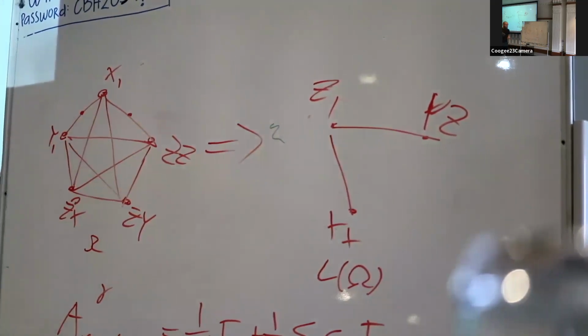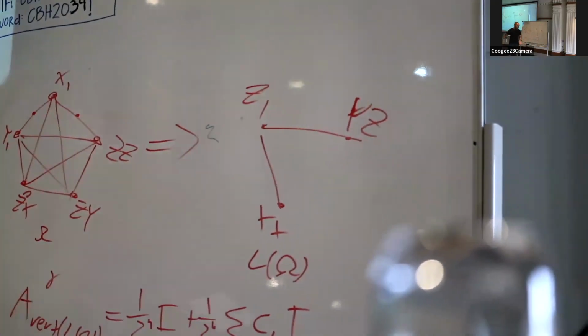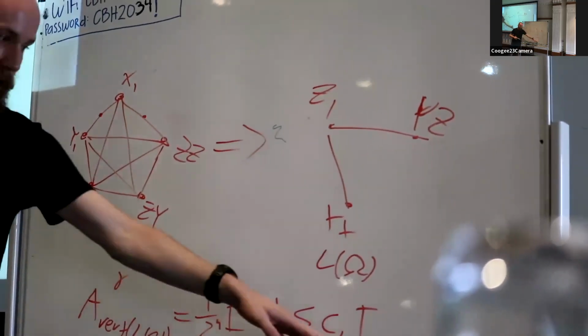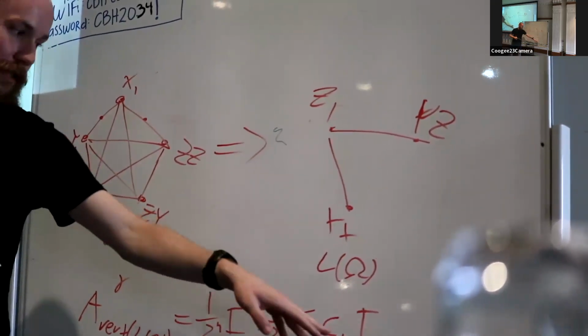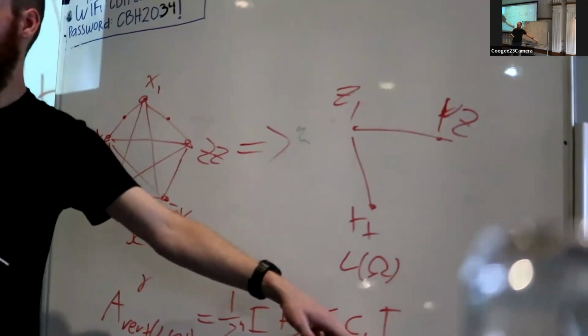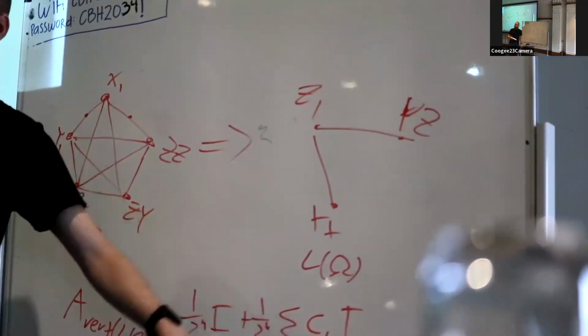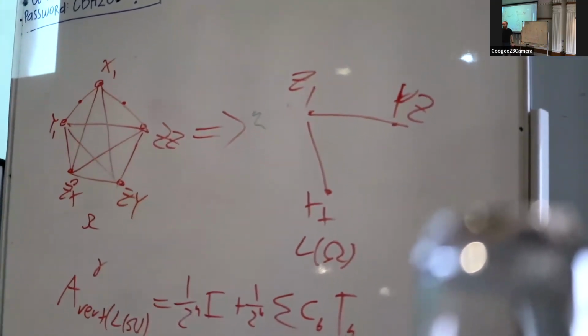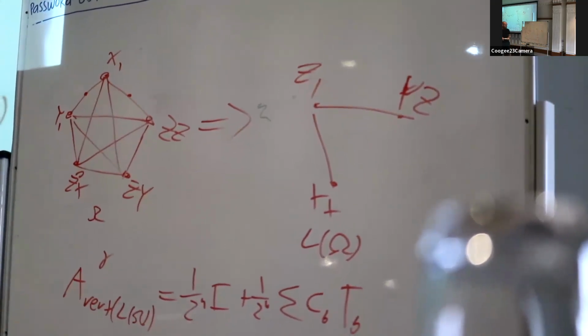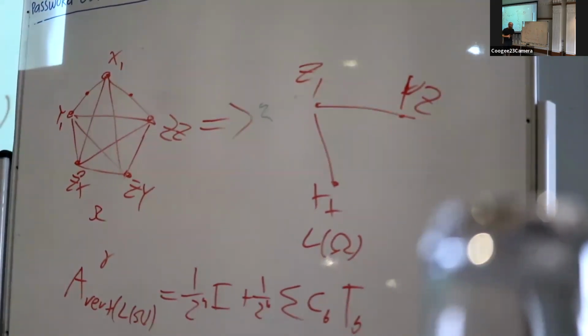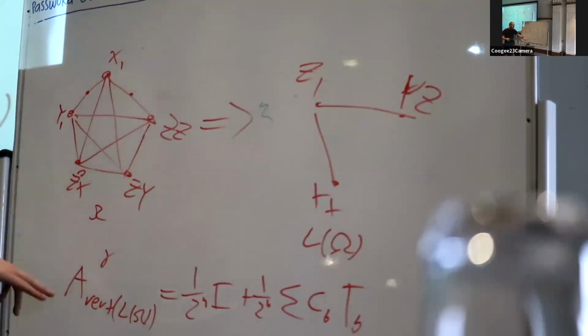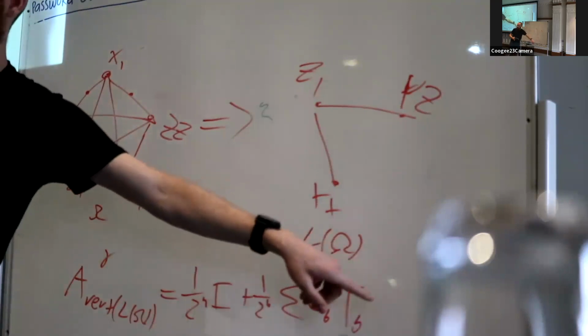We want to make sure we're still inside the lambda polytopes. And so we need to be careful about how we choose these coefficients. For example, if we choose them all to be plus or minus 1, we certainly end up outside the lambda polytopes, and so we don't get the necessary properties for simulation and quantum computation. So basically what we do is we project the lambda polytope onto the space of operators spanned by operators of this form, the ones where all of the other Paulis have 0 coefficient.